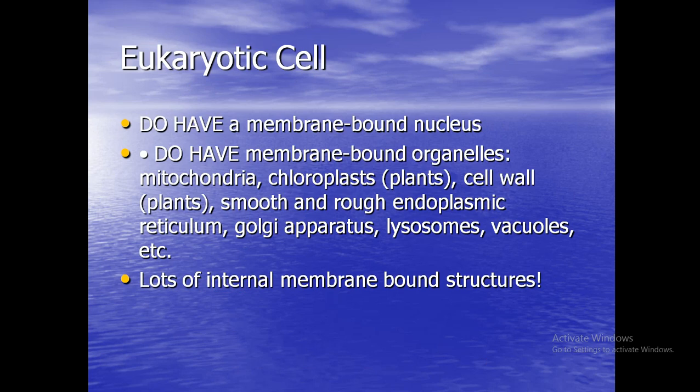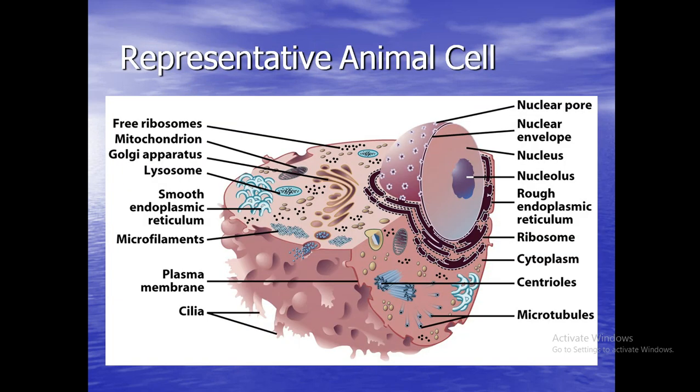That means eukaryotic cells have lots of internal membrane bound structures compared to prokaryotes.